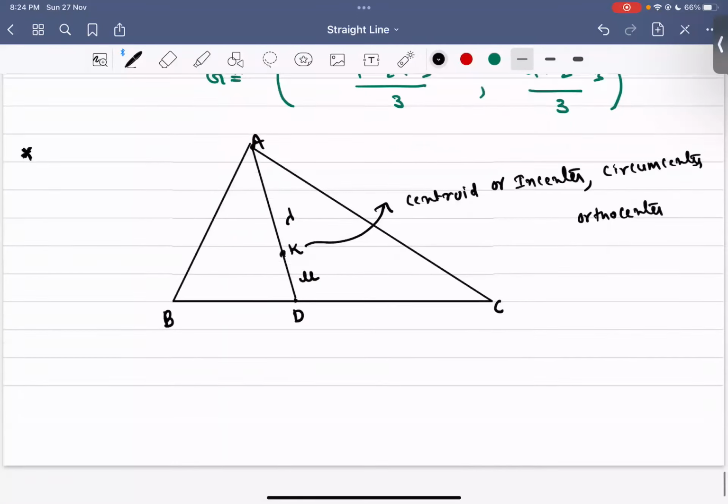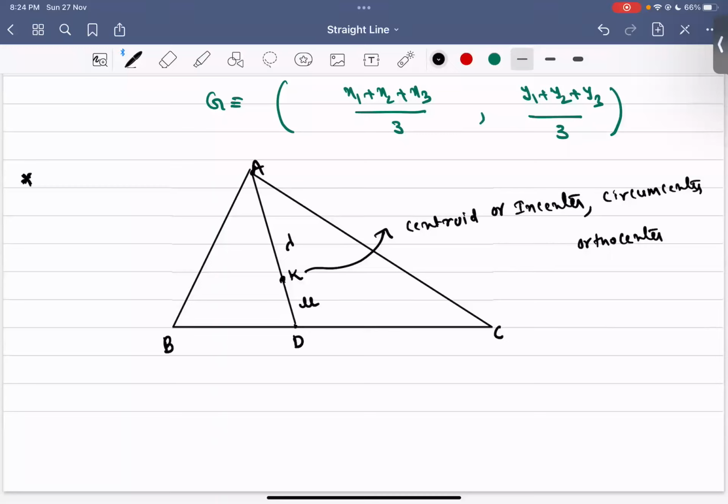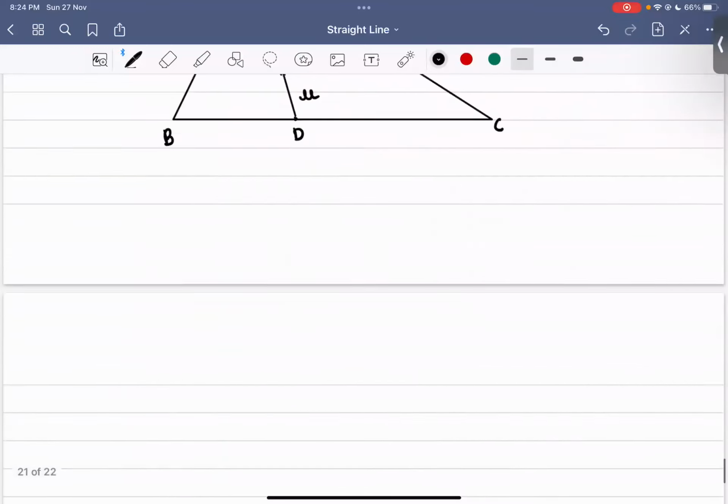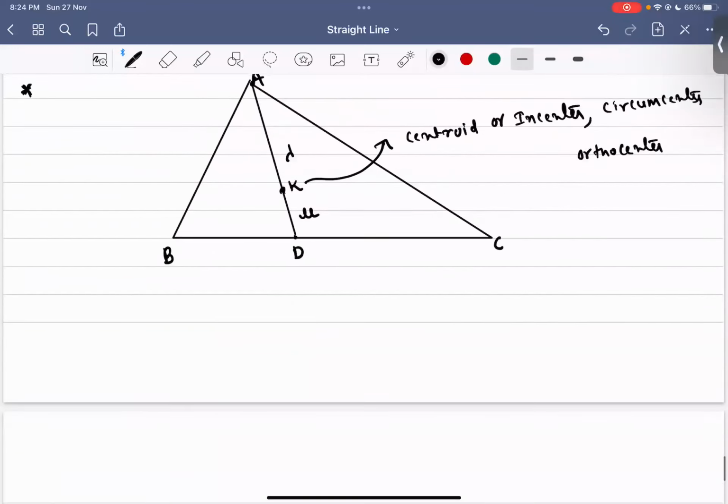So these many we have seen. Now first point is, we require BD is to DC. With the help of BD is to DC, you calculate the coordinates of D. Yes or no?